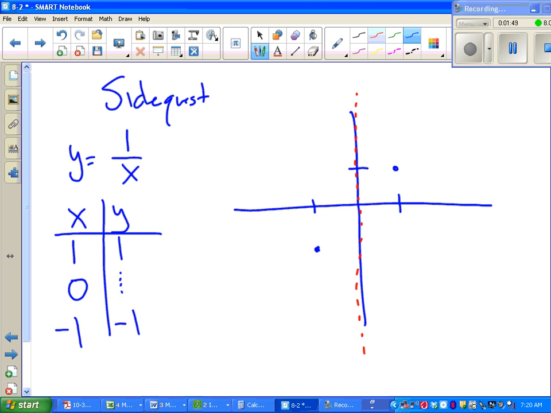What I want you to do right now is try to solve this equation. If I wanted to put in 0 for y, what would I have to put in for x? Think of a really big number like 1 over, if x was 5,000, 1 over 5,000. That's a tiny number. It's close to 0, but it's not 0. 1 over 5 billion.